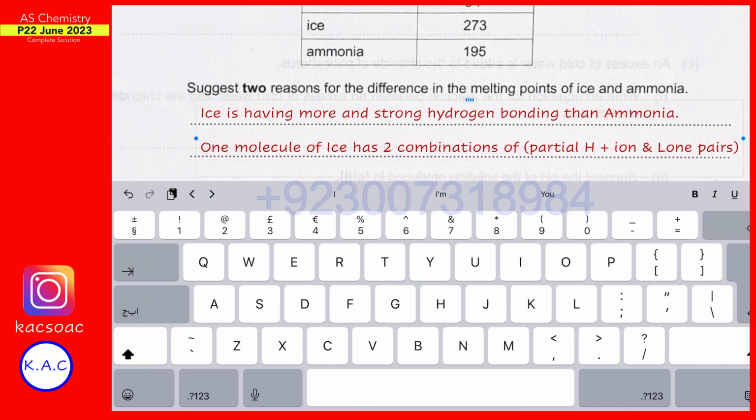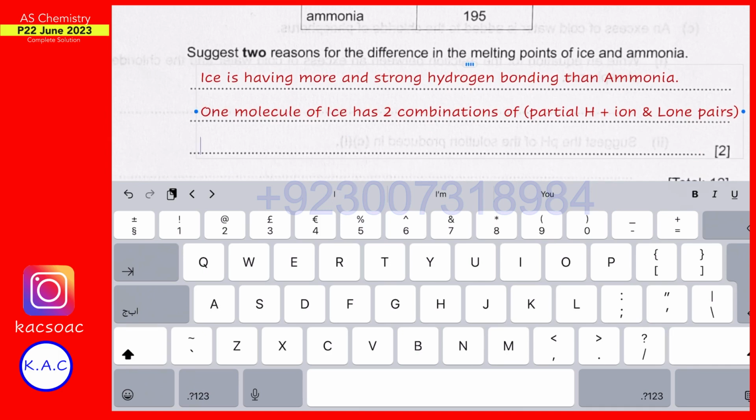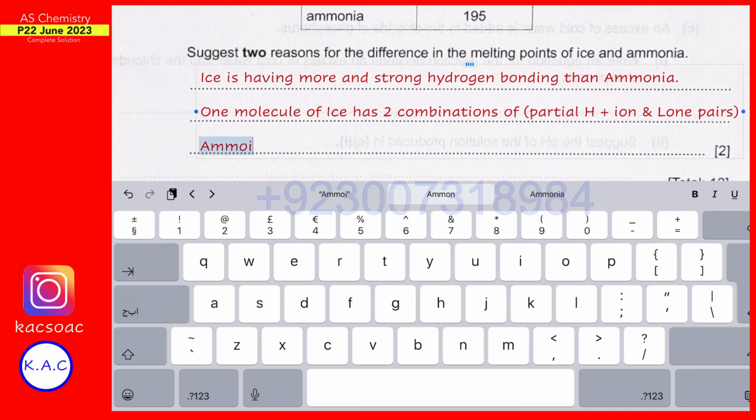But in the case of ammonia, NH3, there is just one combination, as you have seen in the first portion of this question, the combination of partial positive hydrogen and lone pair.